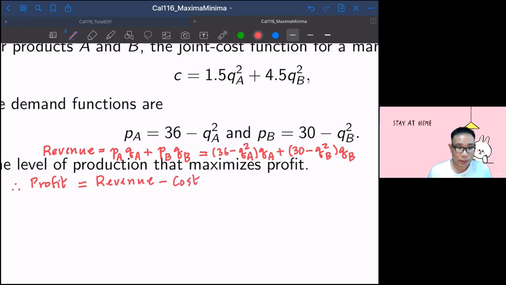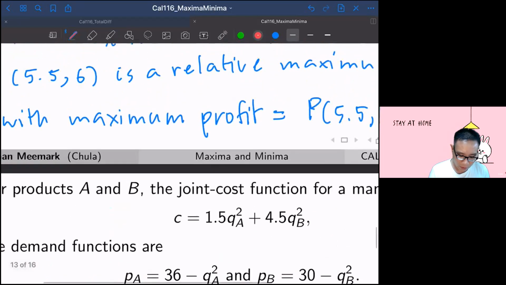And then this is going to be 36 QA minus QA to the third plus 30 QB minus QB to the third, and you subtract by the cost function.